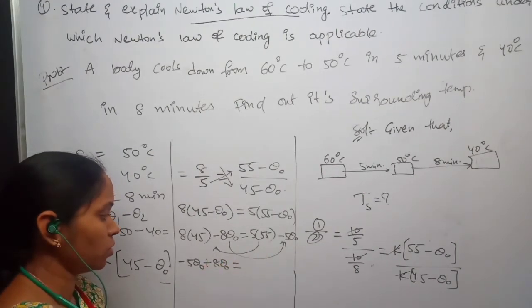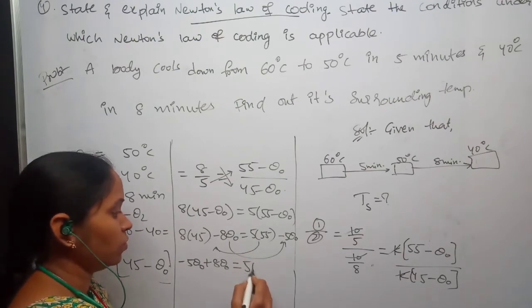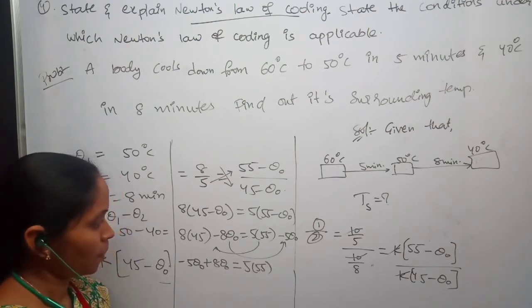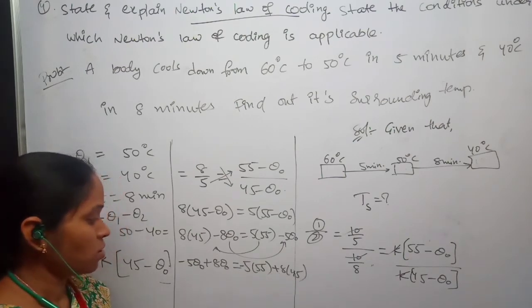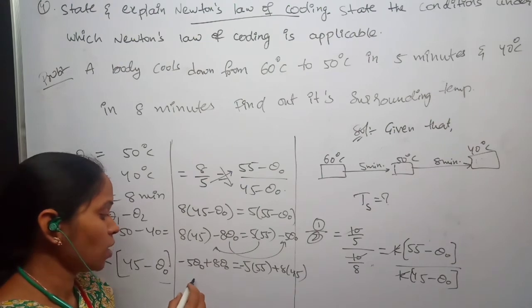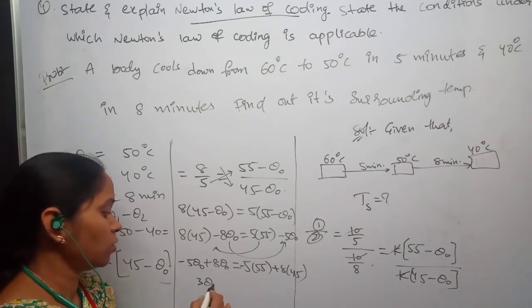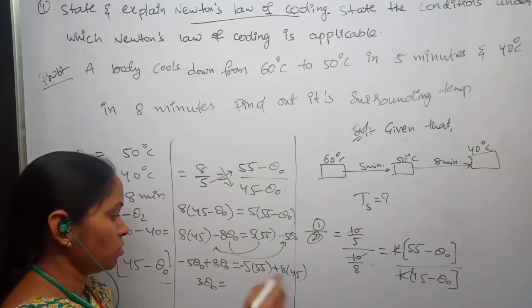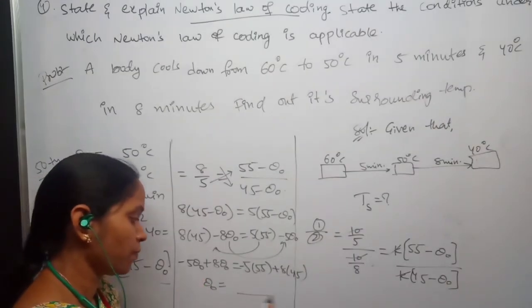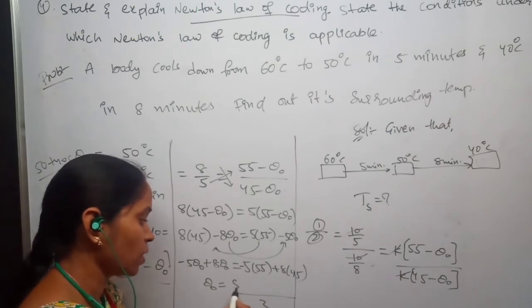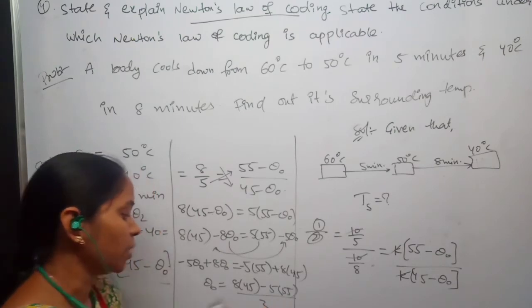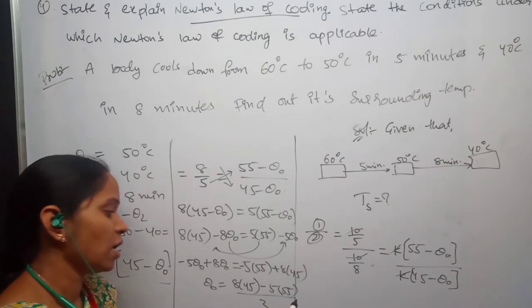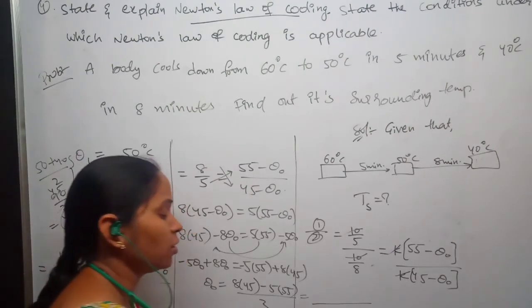Bring this 3 to the other side: 5 into 55 minus 8 into 45 divided by 3. Just solve this and tell me the answer in the comment box.